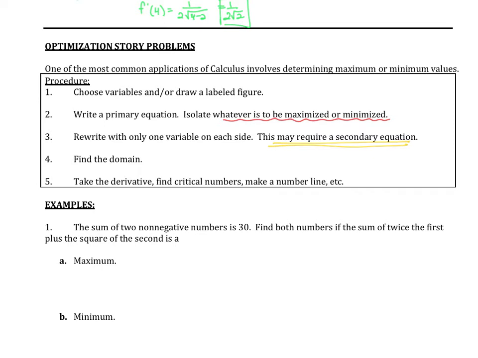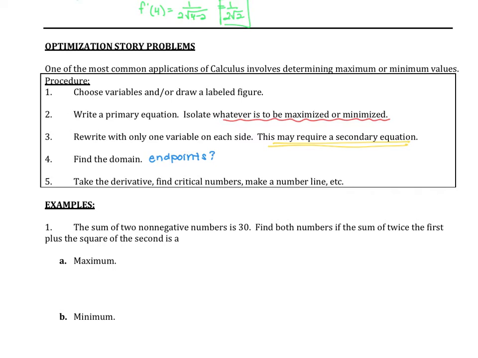Well, the domain is our endpoints, or we can use it to consider our endpoints, because we may need to look to see where the function can actually occur. It could be possible that what we find as our max is not actually in the domain of the function, or we may need to consider our endpoints for part of the max or min, and we'll look at that in just a minute.